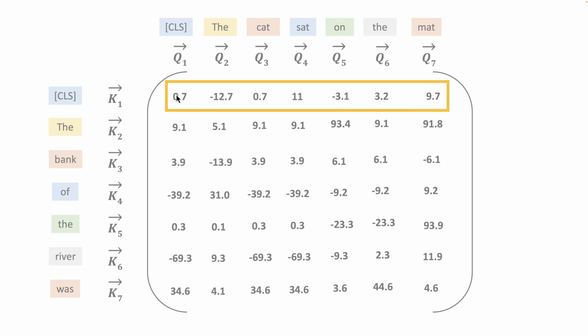And this is extremely crucial. I don't want to repeat myself over and over again. But for example, the bank related word embedding represents the meaning of the word bank. On the other hand, the word embedding associated with the classification token represents the meaning of the input sequence, which means that it represents the meaning of every single word in the sequence.